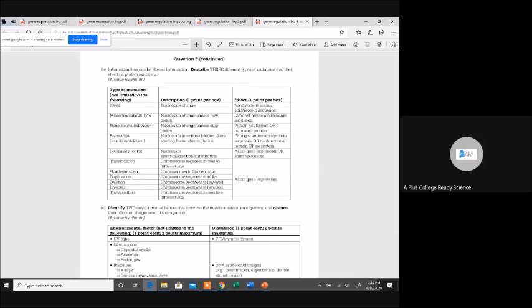A nonsense point mutation is similar. You get a substitution again, but this time a codon that was supposed to code for an amino acid is now mutated, and it's a stop codon. So translation stops in the middle, and the protein is truncated or it's never made. So it's essentially non-functional. You also could get frame shift mutations.